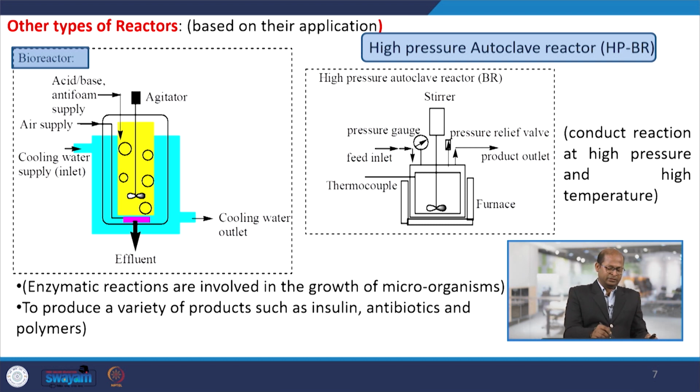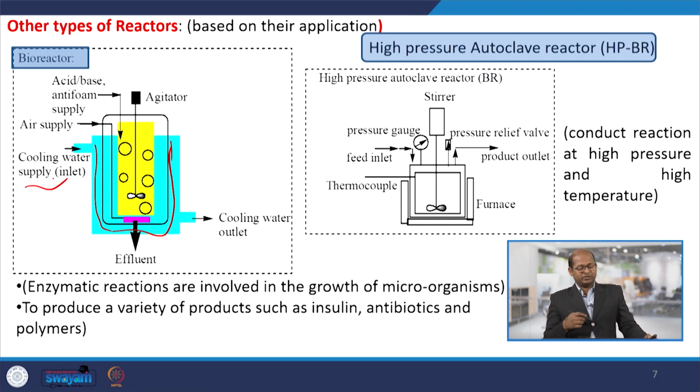If you see here in this type of reactor, there is cooling circulation outside of the reactor, a cooling jacket. Water is supplied, with one inlet line and an outlet. In that way we can maintain an isothermal temperature for the reactor, a constant or fixed temperature based on the particular reaction we need, that may be 35 degree centigrade throughout 24 hours. So by that we can maintain it.